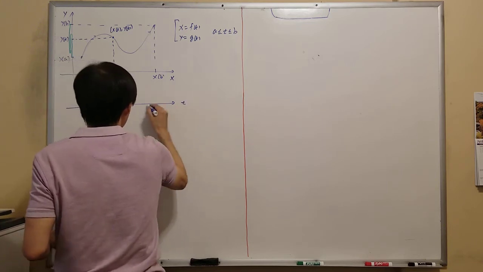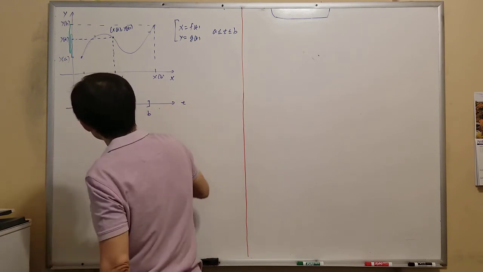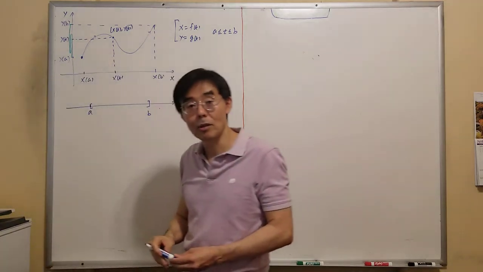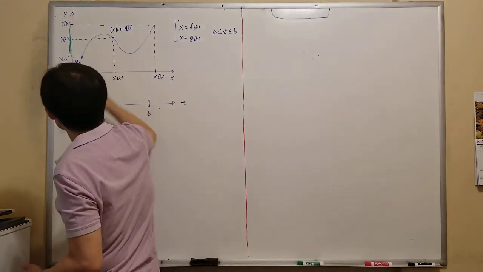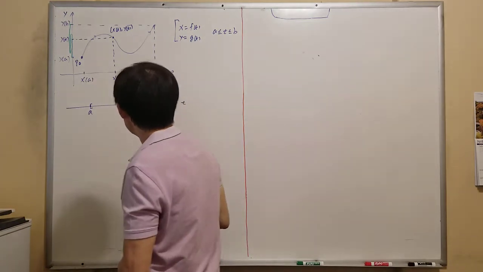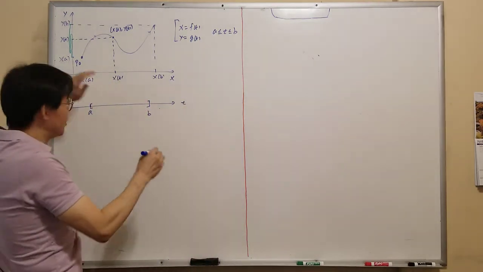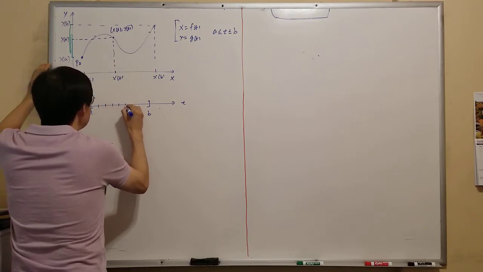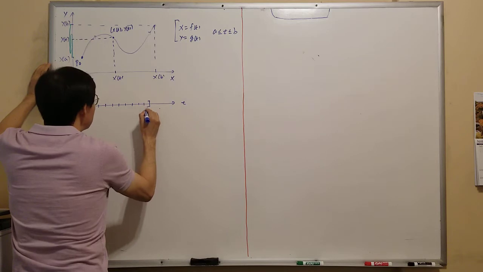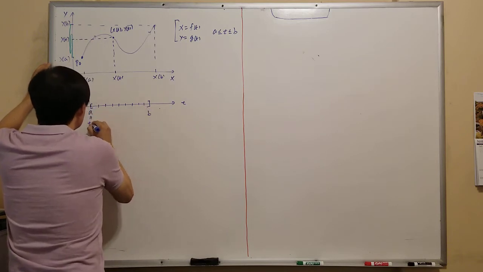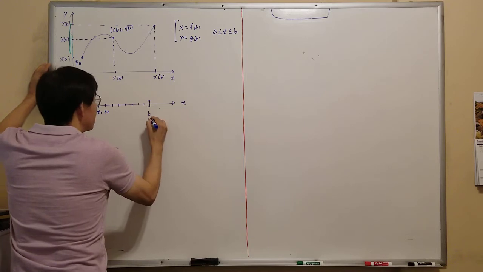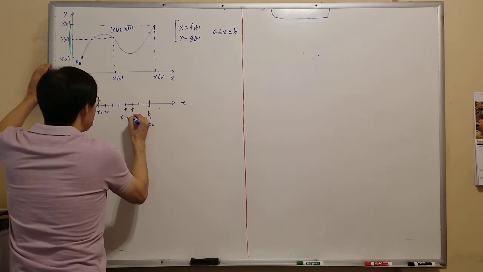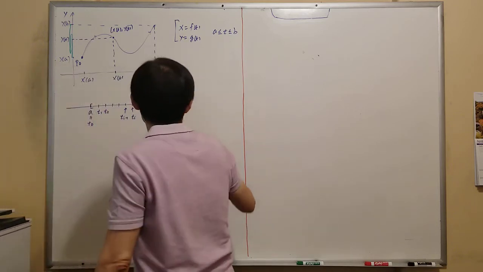Think about the time interval from a to b. Time t equals a corresponds to this point, which I'm going to call point P0. We're going to divide this time interval into n subintervals: t0, t1, t2, up to tn. Let's say this is t_{i-1}, t_i.